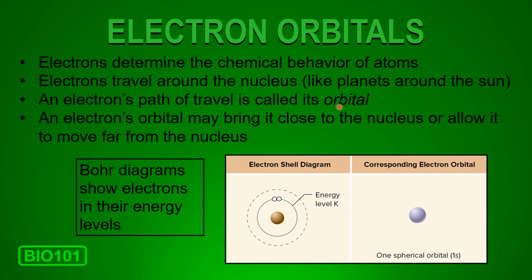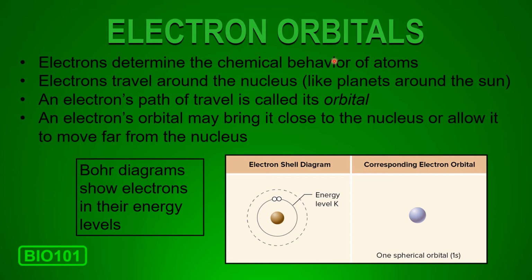Moving on, electron orbitals. Electrons determine the chemical behavior of atoms, namely the valence electrons, right? The electrons on the outer edge or the outer orbits or the outer shells, they determine the behavior of atoms. The ones that are close to the nucleus, that are held tight to the nucleus, are very, very stable.